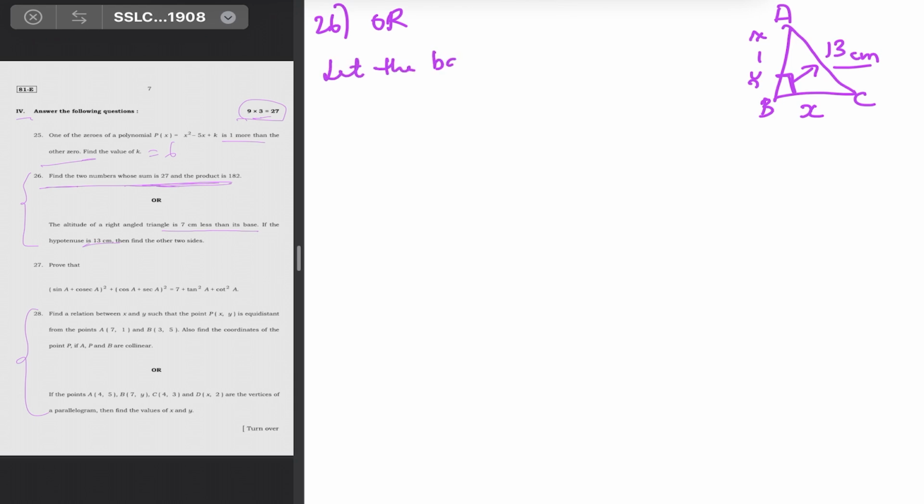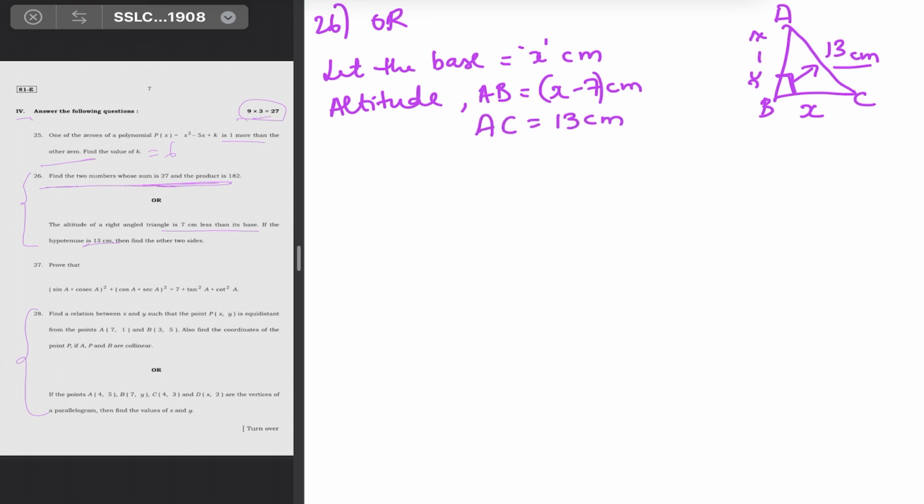So let the base be x centimeter. Hence, the altitude as per the given relation, AB will be equal to x minus 7 centimeter. Then as usual, the hypotenuse, that is AC, is given.